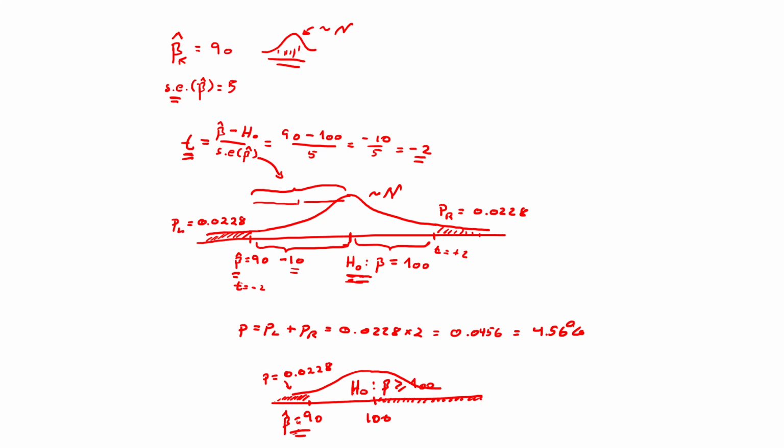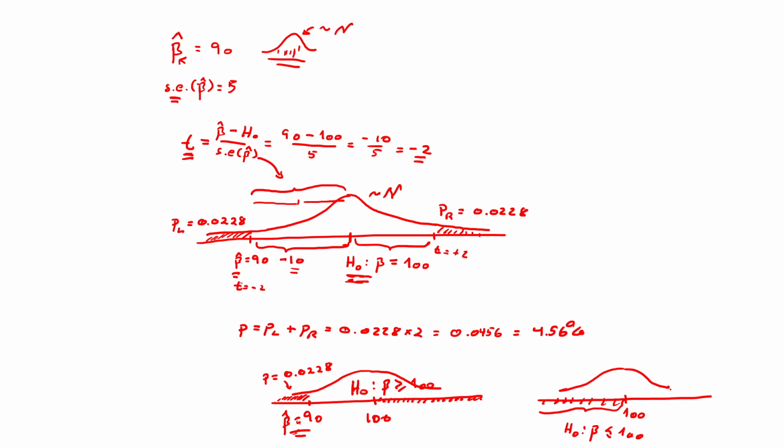If, however, you are considering the right tail, that you have the null hypothesis range here. So this is, for example, 100. This would be H naught, that the true beta is lower than or equal to 100.